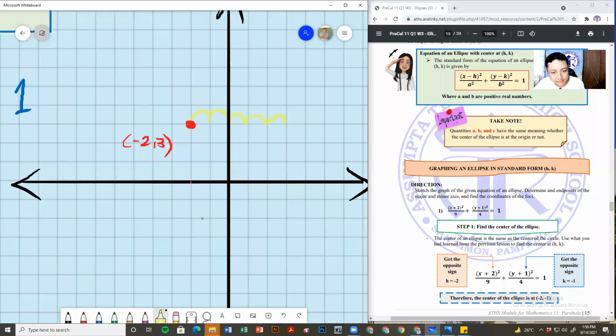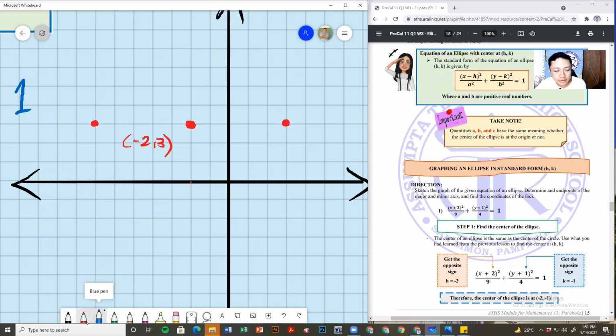So that is our vertex. And then also 5 steps to the left: 1, 2, 3, 4, 5. And that is our other vertex.